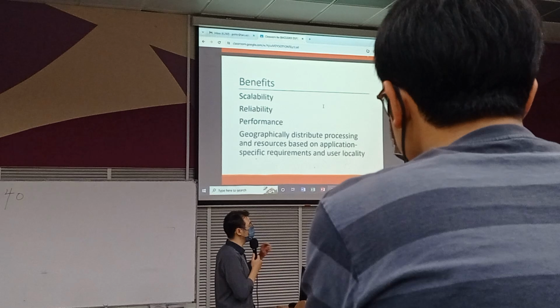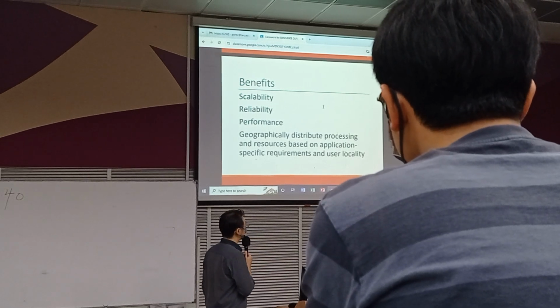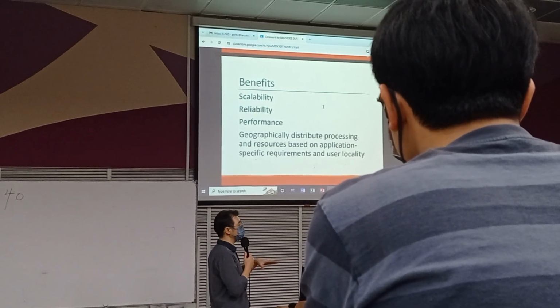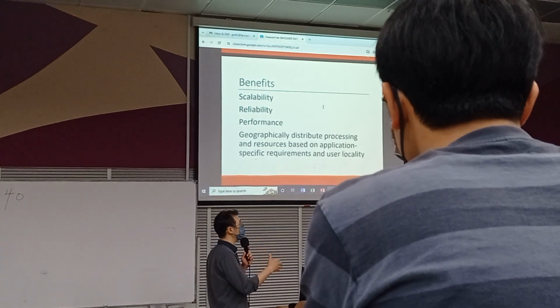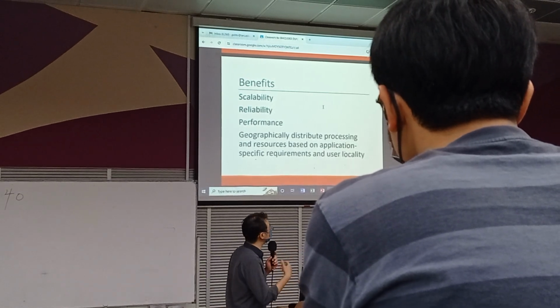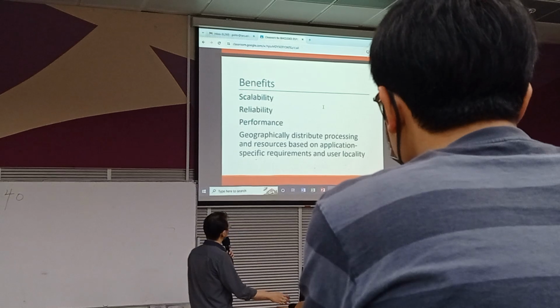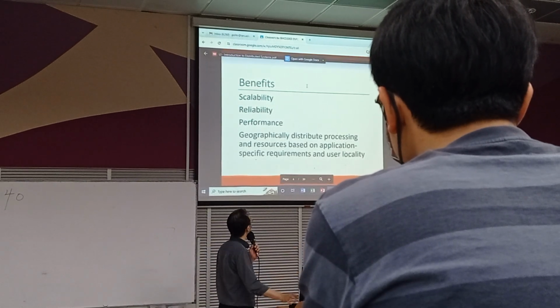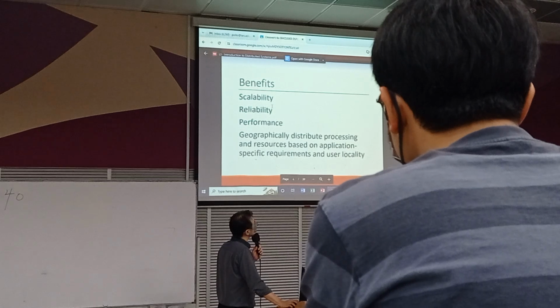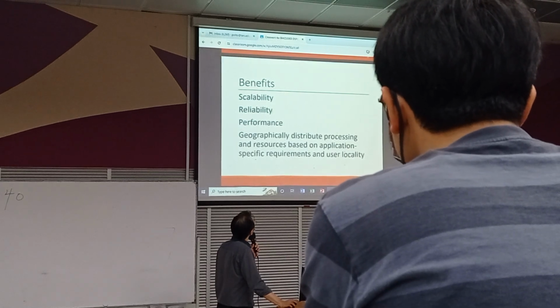If you already implement a distributed system properly, you can scale easily because it will be transparent, right? So every system is able to retrieve the information from their specific system which is distributed elsewhere. So you can scale easily if you have the system in place.